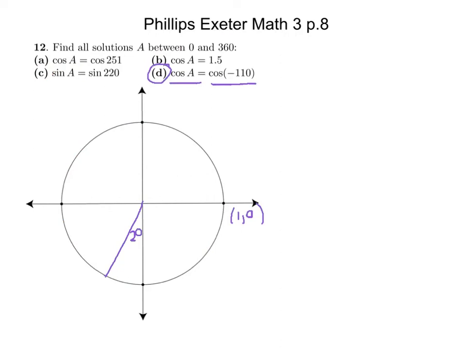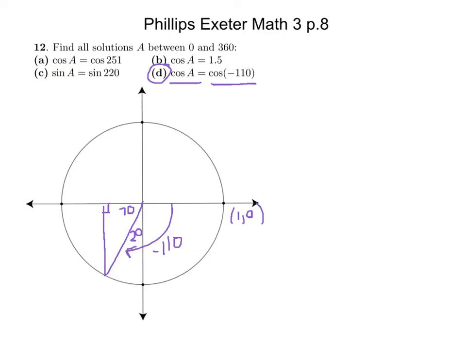But we have to be careful because it's a little deceiving. Sometimes when we do this, we want to draw this reference triangle, which is not the right one to do. So let's not do that. We always draw a reference triangle to the x-axis, which means that this would be negative 110, and our reference angle right here would be 70.